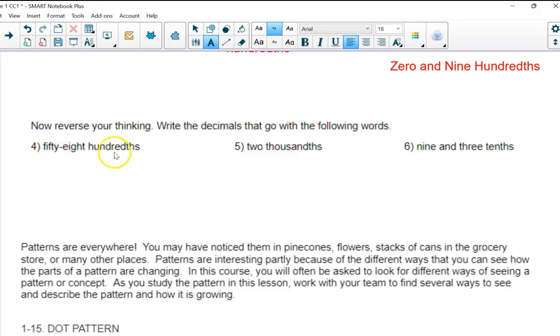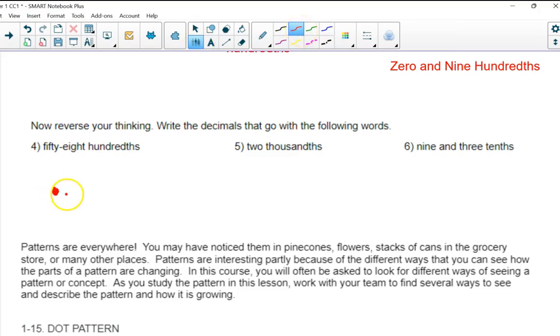So 58 hundredths tells me that my number is going to end in the hundredths spot. So then I just fill in my number and then fill in any zeros if needed.